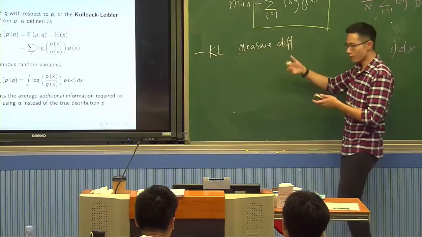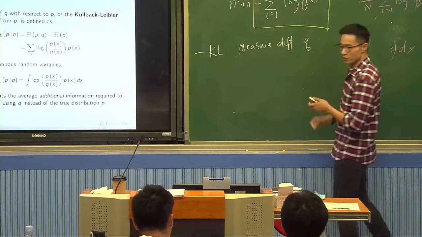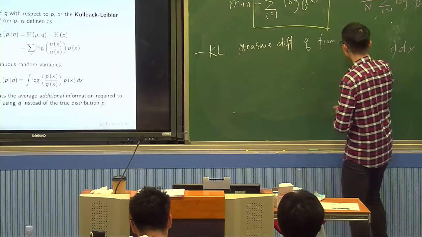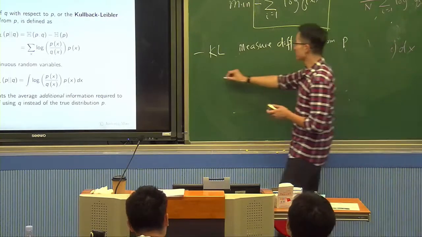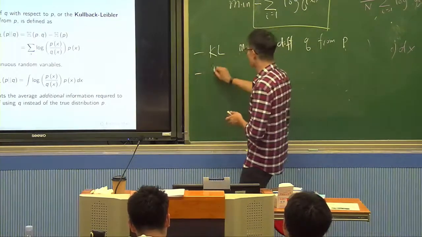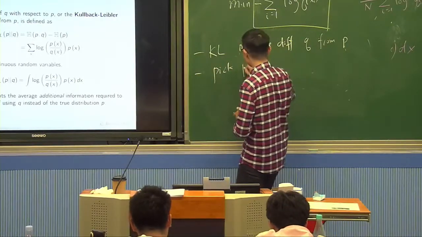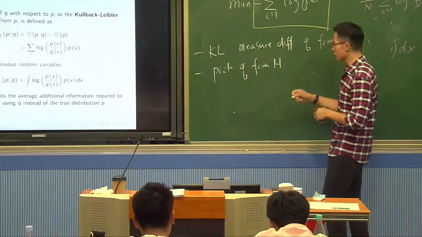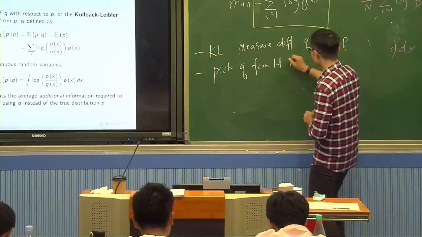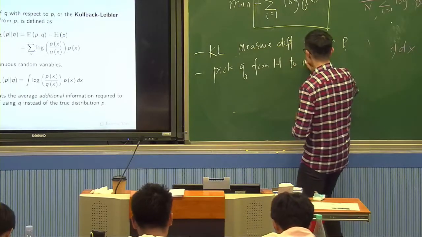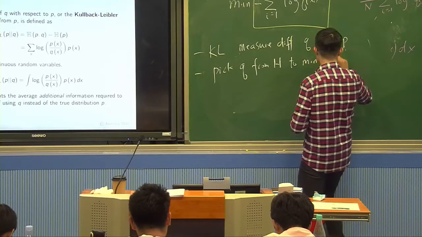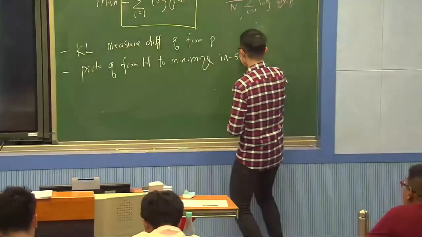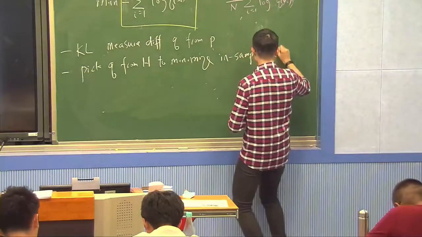KL divergence measures the difference between my proposal Q, my hypothesis, and the true distribution P. Now, when we do estimation, we pick the best Q from H that minimizes the in-sample KL divergence, right?